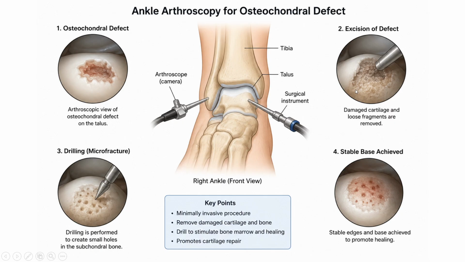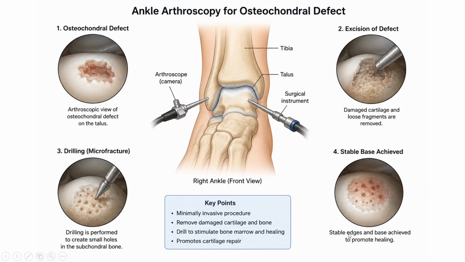After that, he will excise all the loose fragments and damaged cartilage. Then he will perform the microfracture drilling technique, where drilling is performed to create small holes in the subchondral bone.